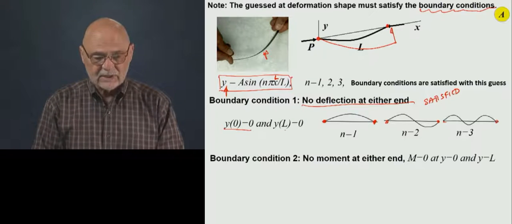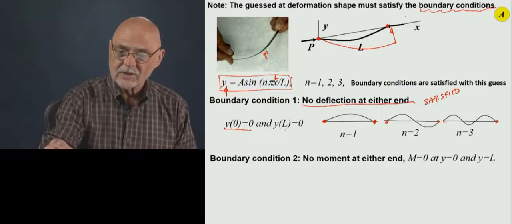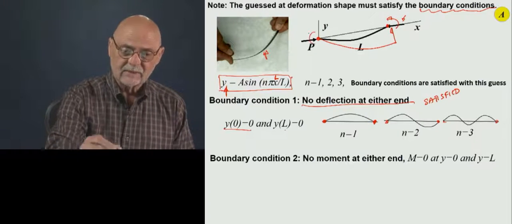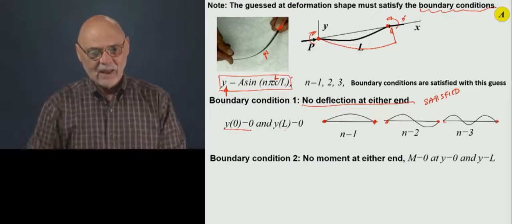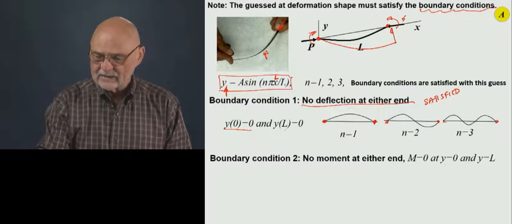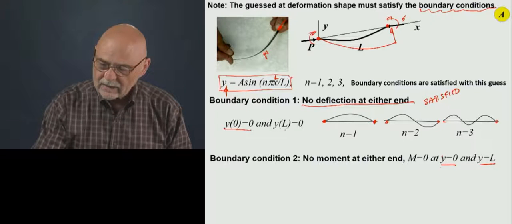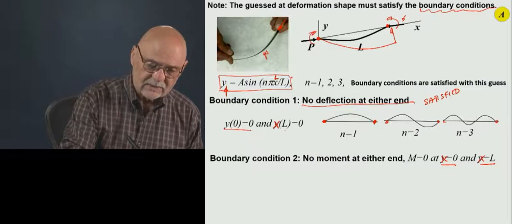And the second boundary condition is that we have no moment at either end. Okay? So we just have a force here alone. We're not applying a moment at the ends, right? My fingers, as I pushed in, were too fleshy to apply a moment, so the moment has to be 0. And that's at the same positions, at x equal to 0 and x equal to L.